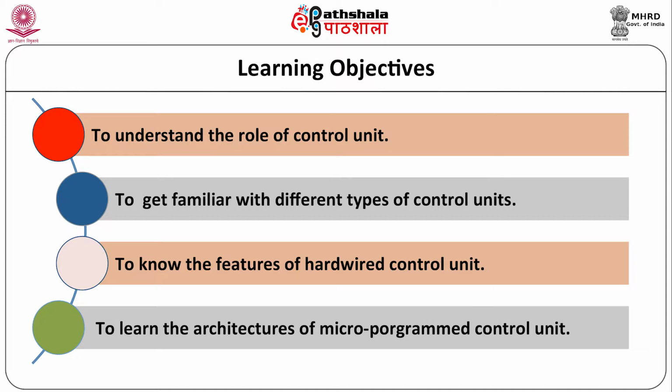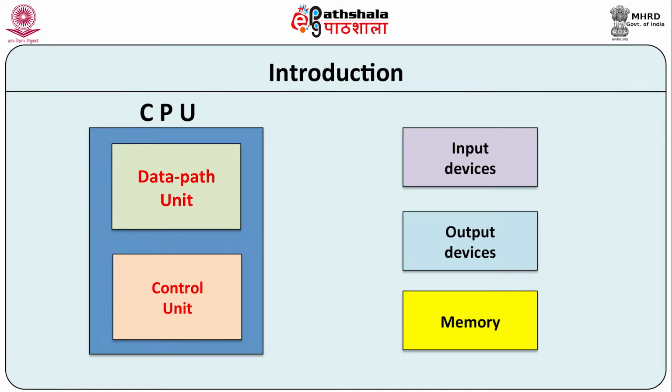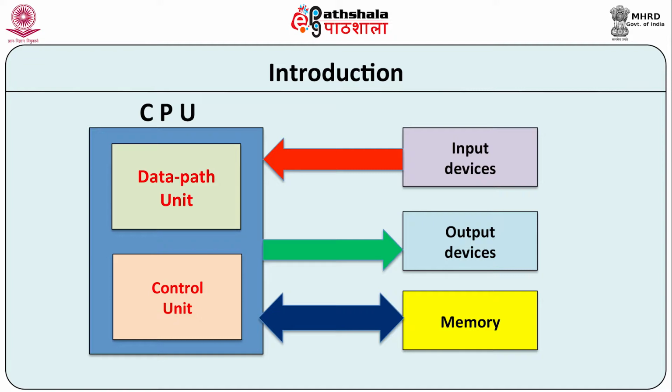The CPU can be viewed as an integration of two parts, the data path and the control unit. The typical organization of a modern von Neumann processor is illustrated here. Note that the CPU is connected to input devices, output devices and memory. The CPU reads information sent by input devices.